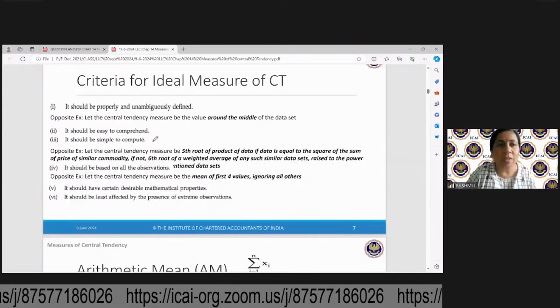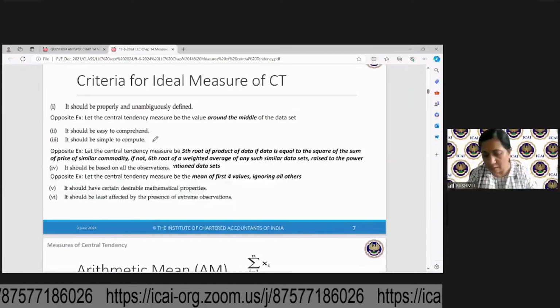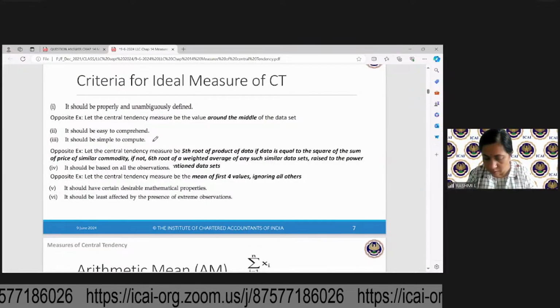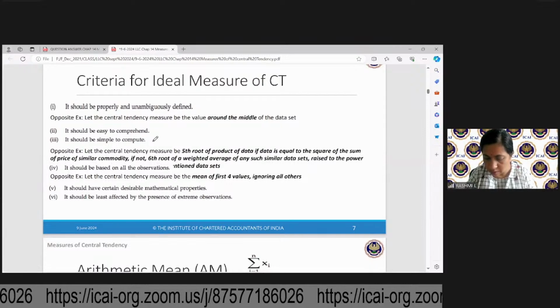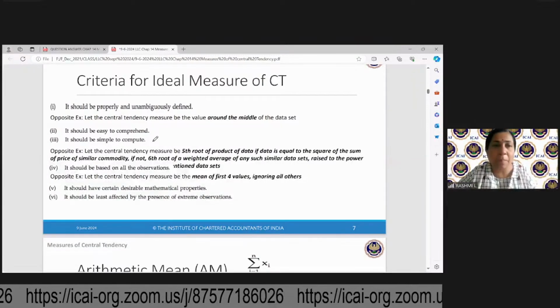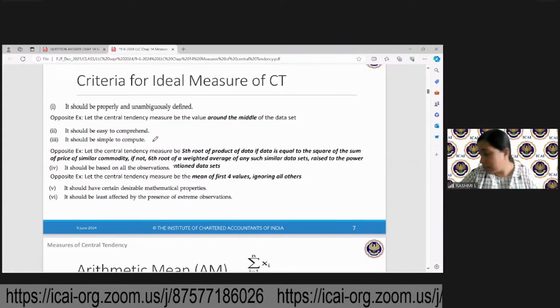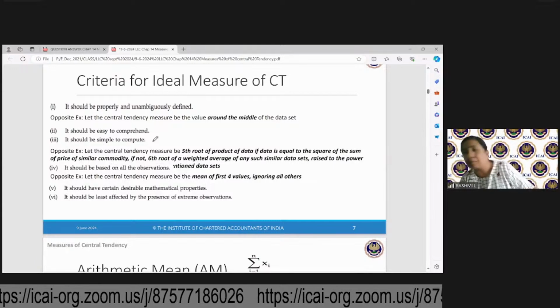So what are the criteria for an ideal measure of central tendency?